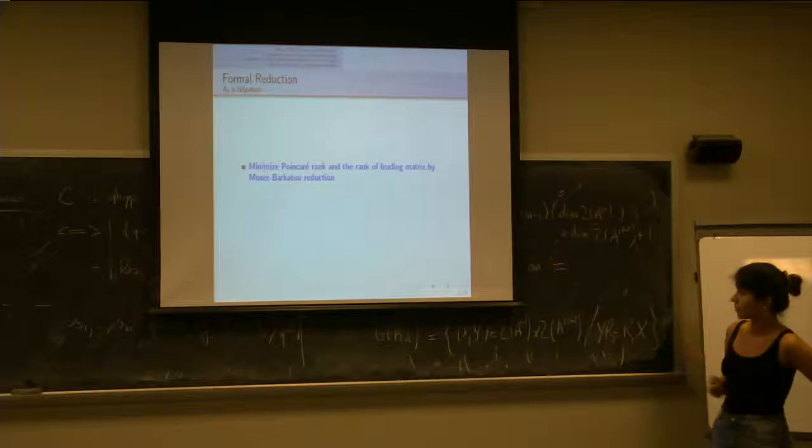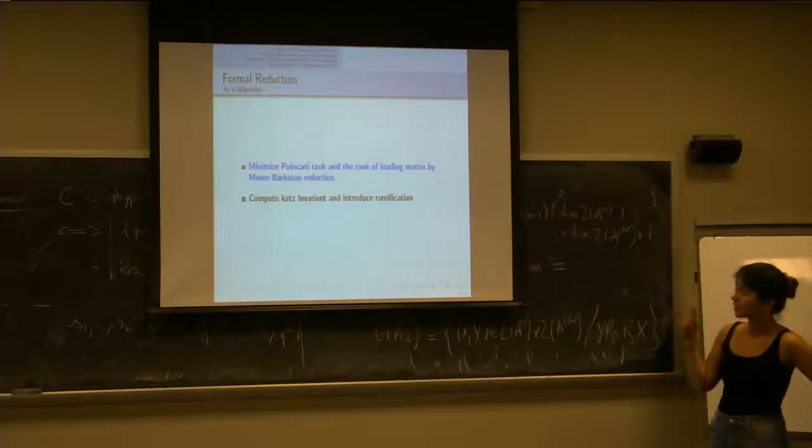This is the most interesting case, and if A0 is nilpotent, then there are 2 steps. In the first step, we try to minimize the Poincaré rank P and the rank of the leading matrix A0. And here is where we use this reduction algorithm.